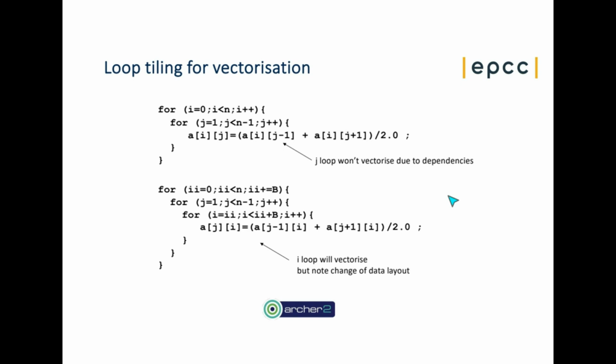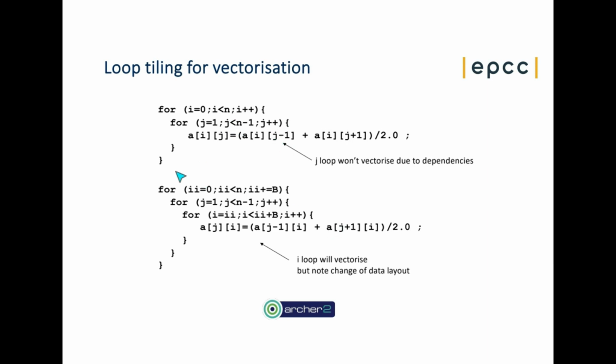This can also be helpful for vectorization. In a case like this, where a_ij depends on the j-1 and j+1 values, and the innermost loop is over j, our j loop won't vectorize because of the dependencies.